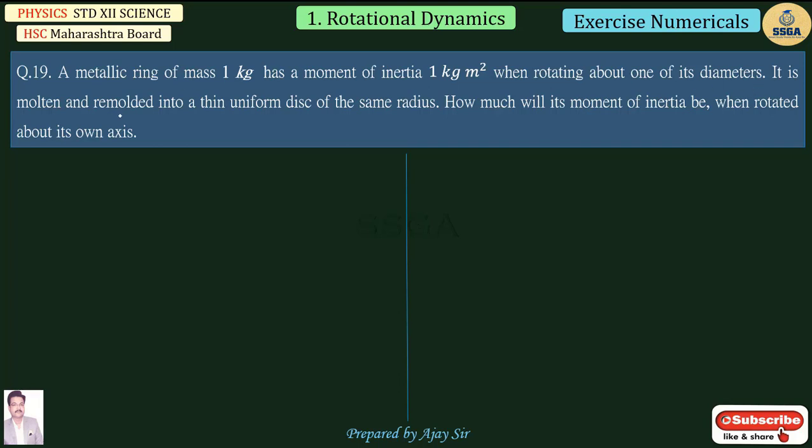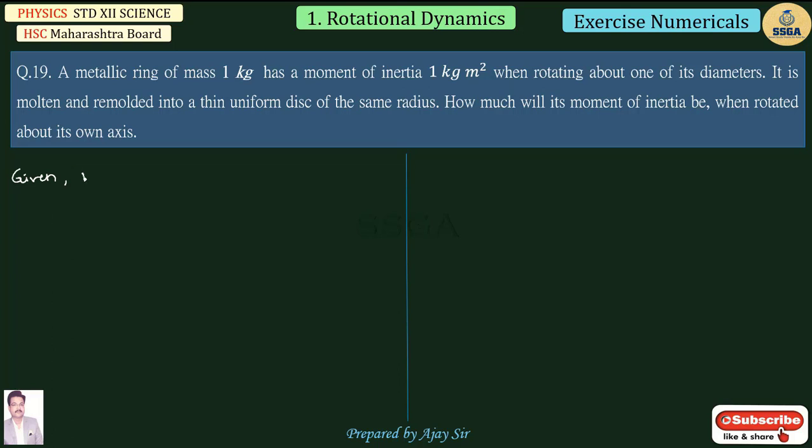It is molten and remolded into a thin uniform disc of the same radius. How much will its moment of inertia be when rotated about its own axis? Here a metallic ring of mass 1 kg and its moment of inertia are given. So let us write down the given things.